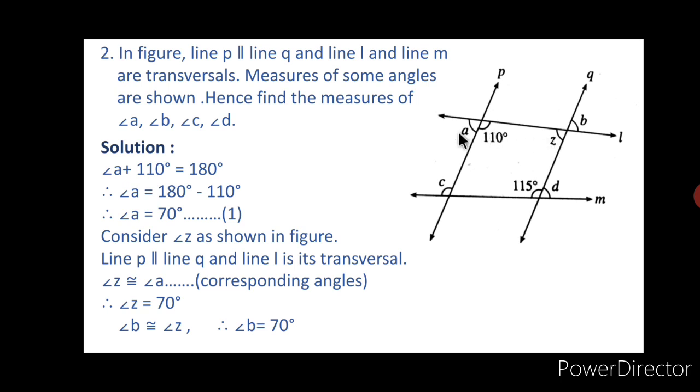Angle A is 70 degrees, therefore angle Z is also 70 degrees, and when we see in the figure, angle Z and angle B are vertically opposite angles, and therefore we also get the measure of angle B as 70 degrees.